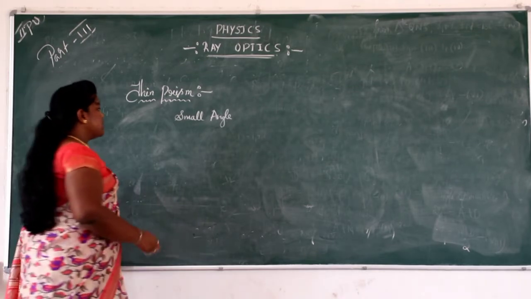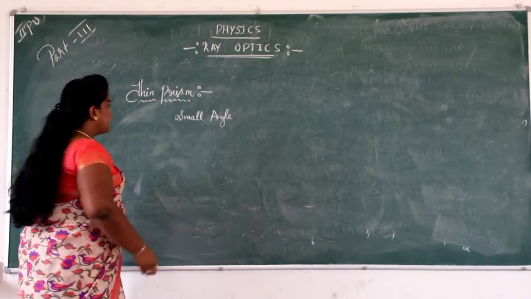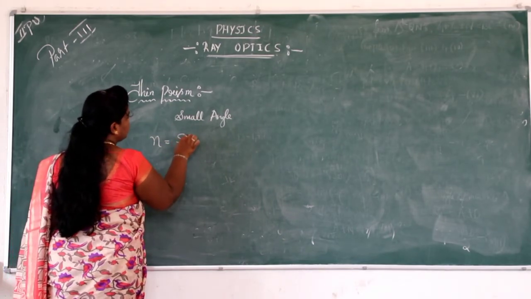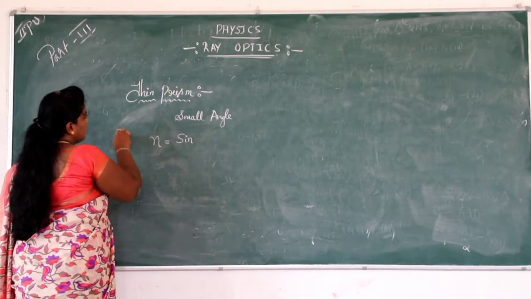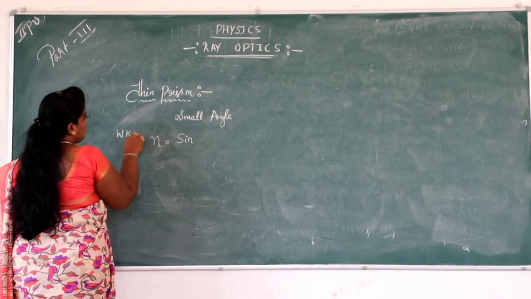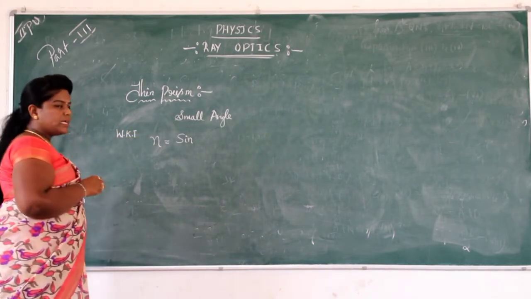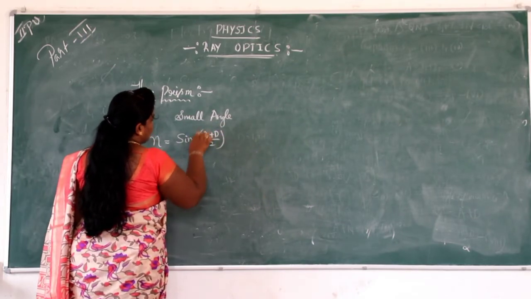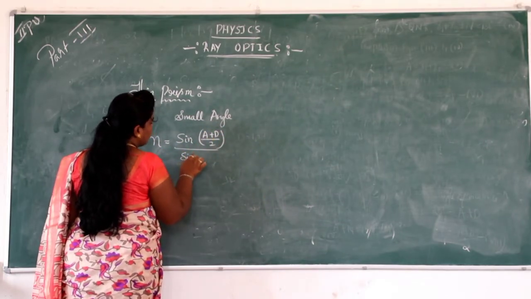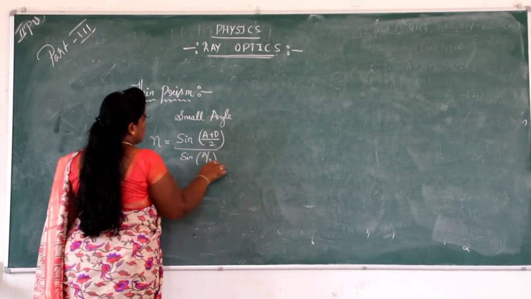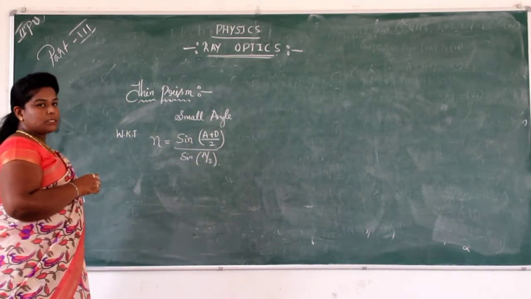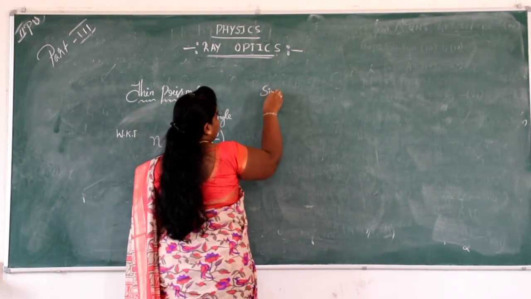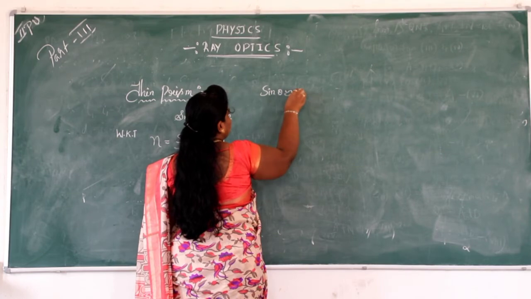So my dear students, I am moving towards the calculation here. We know that the refractive index n of a prism can be written as sin of (A plus D) divided by 2 divided by sin of A divided by 2. As I said before, a small angle prism is said to be a thin prism, so we can write that sin theta is nearly equal to theta.